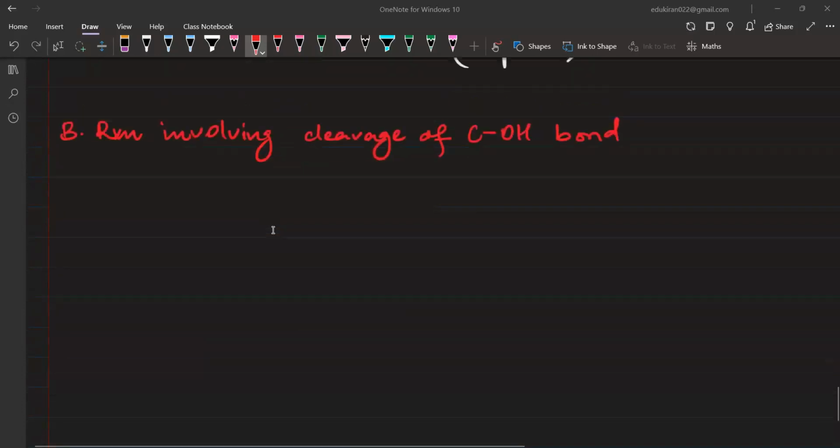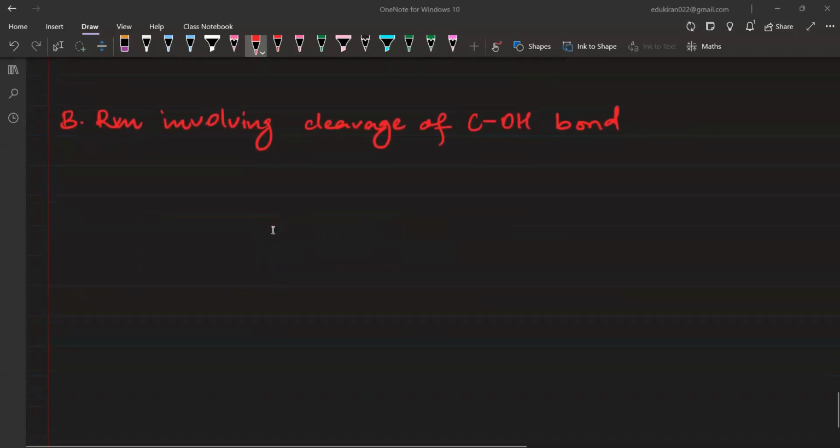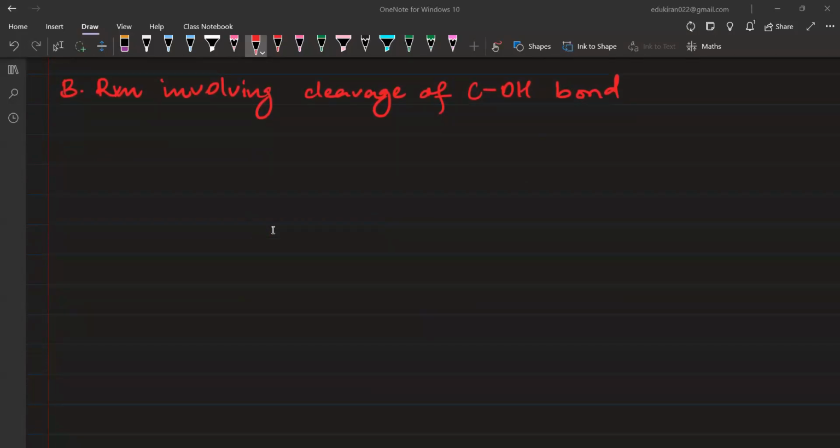Sir, can you show the image for aspirin again? Yeah, sure. 1 second, I just didn't write this last part. Okay, sir, done. Reaction involving COH bond.